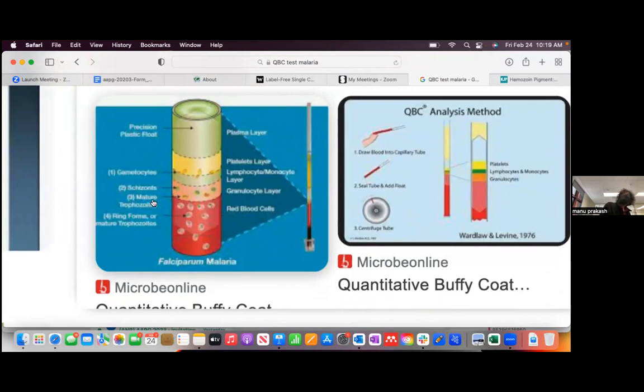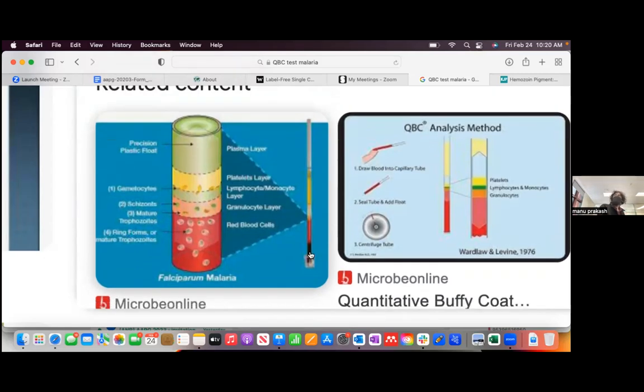All of these others are different stages of malaria, and they have eaten the hemoglobin a certain amount, and that has changed the cell density. But it's changed the cell density in a subtle but quantitative manner, so that if you were to spin this object, which has a little stopper here, many of the components of blood will actually separate out.